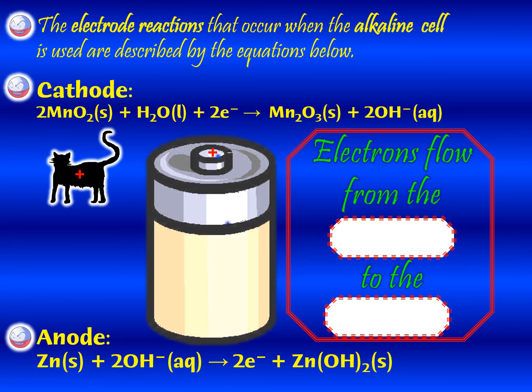So here is an example of two electrode reactions, two half reactions that can occur in an alkaline cell battery, and it can cause electrons to flow. Notice that in the top reaction, electrons are a reactant. So that is happening at the cathode. Why?